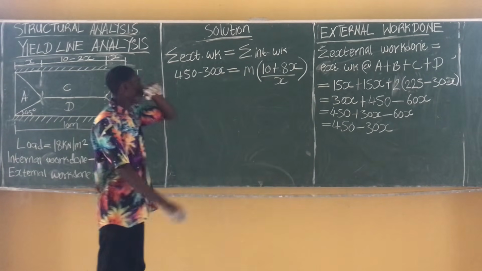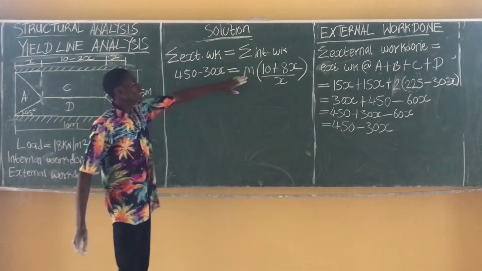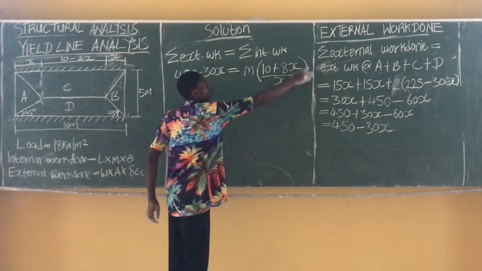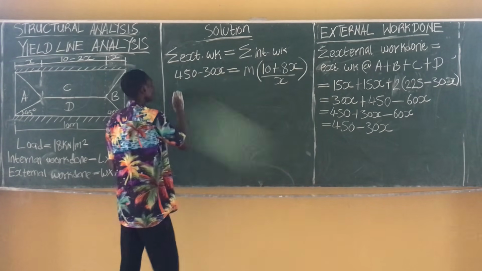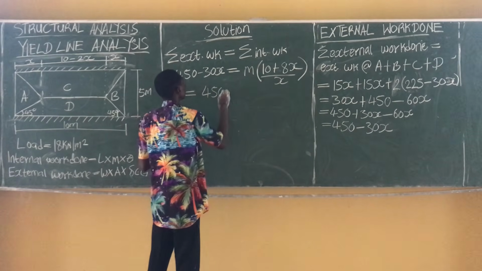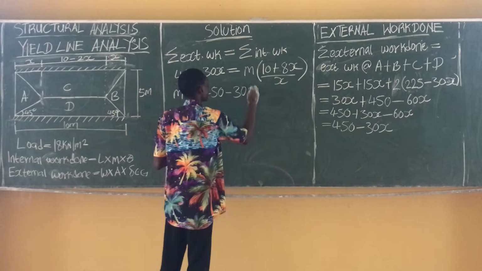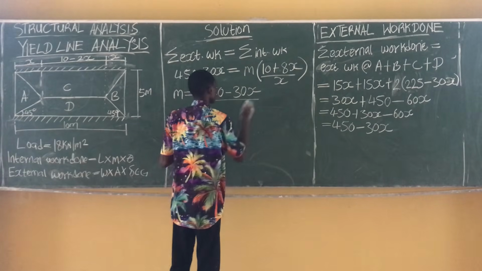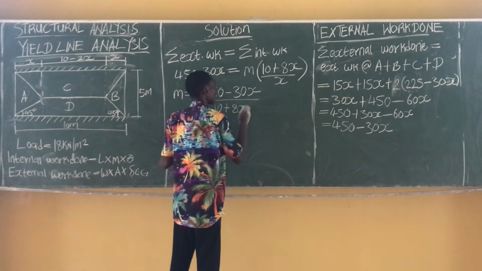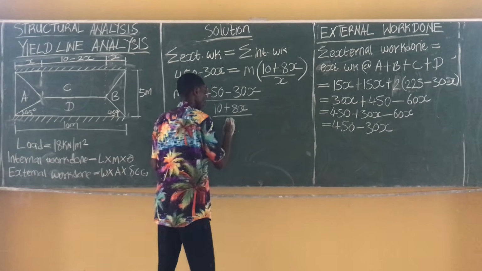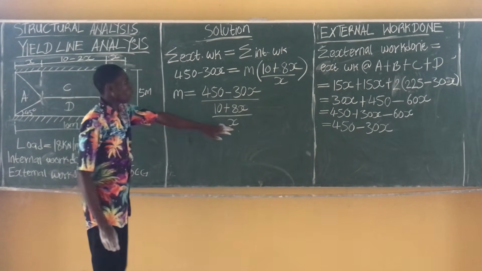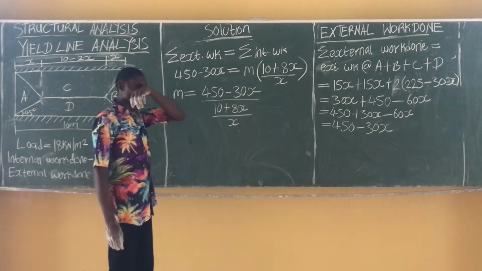Now at this point, let's simply make M the subject of the formula. So we simply divide both sides by this expression. So we have M equal to (450 minus 30x) all over (10 plus 8x) all over x. Now at this point, x goes to the top.